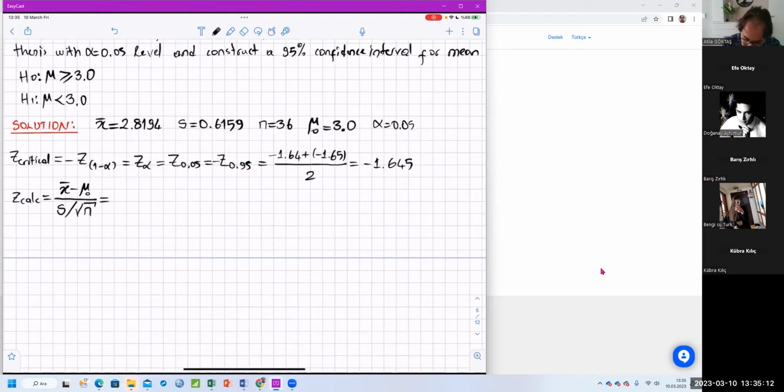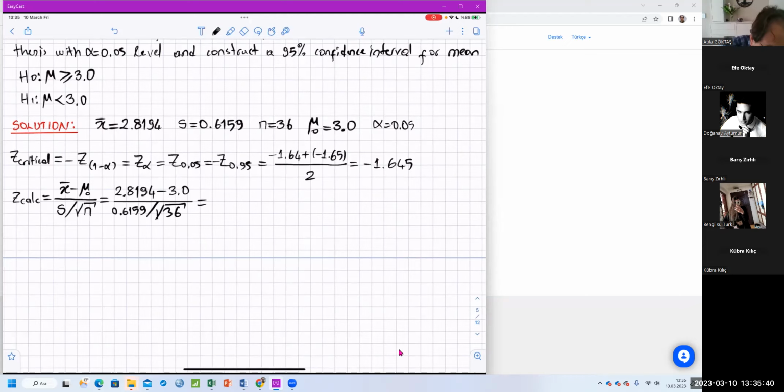Okay, let's see what we have. 2.8194 minus 3.0, and the sample standard deviation is 0.6159 divided by the square root of 36.